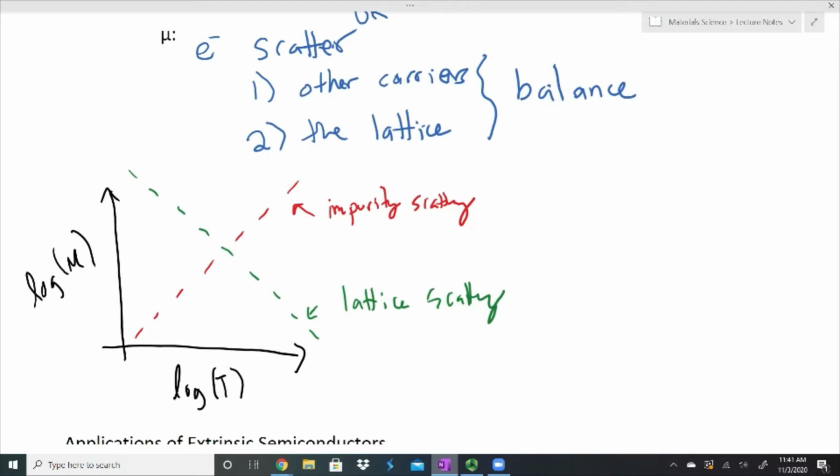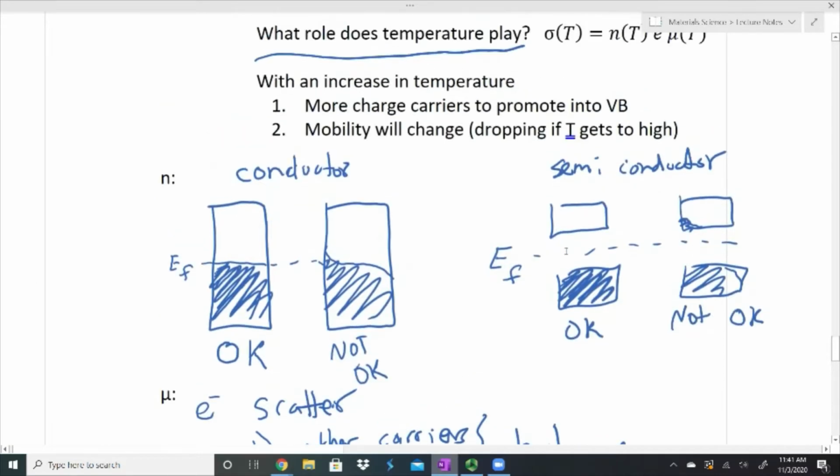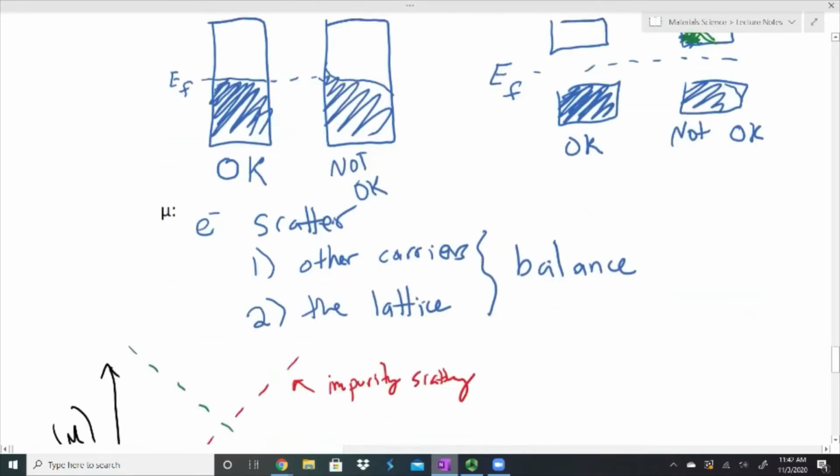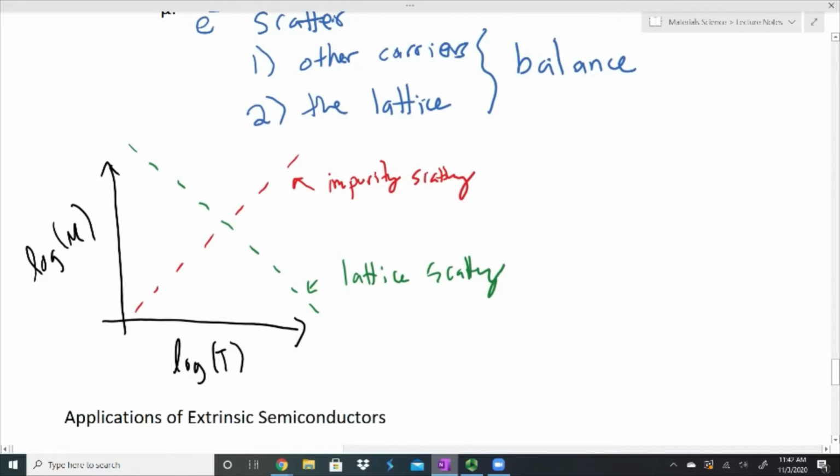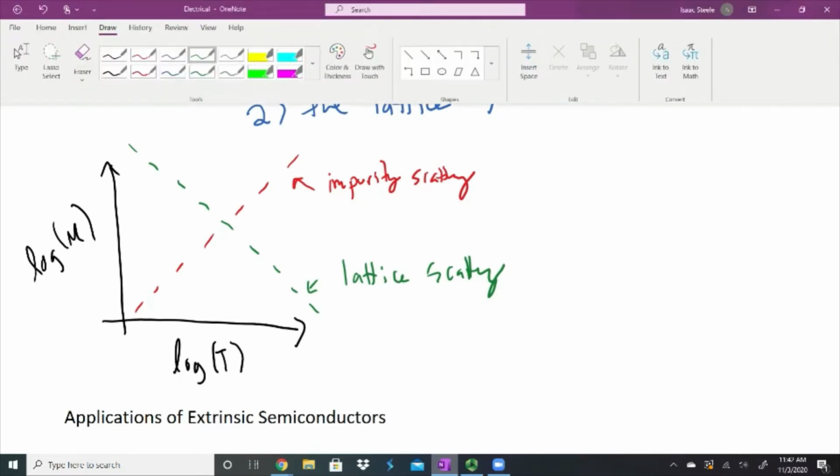But as we increase our temperature, we are adding more and more charge carriers into this conduction band. It's like adding more and more cars onto the freeway. There are more things for it to interact with, so that conduction band starts getting full of other electrons, and it's harder and harder for them to move because they're interacting more and more with each other.